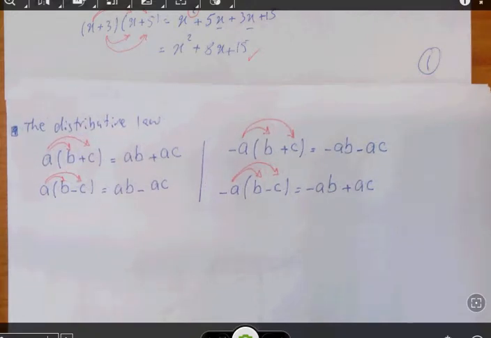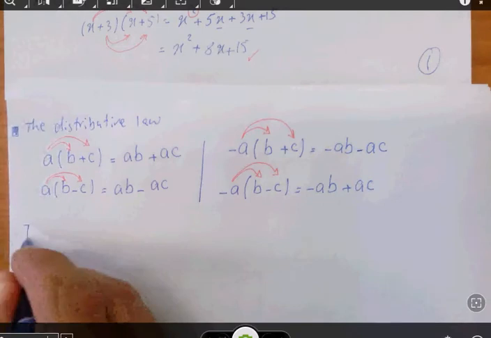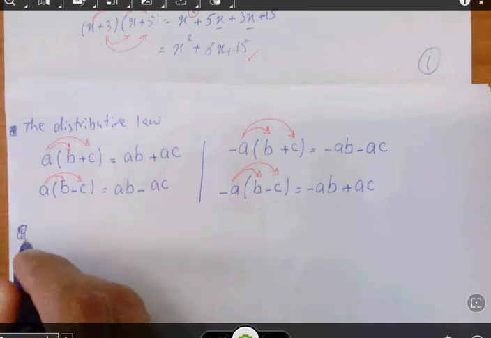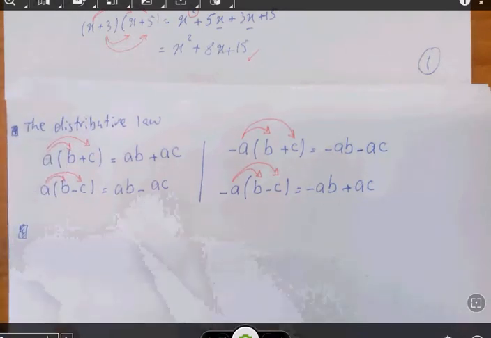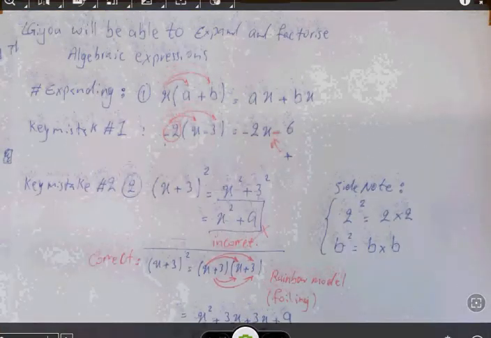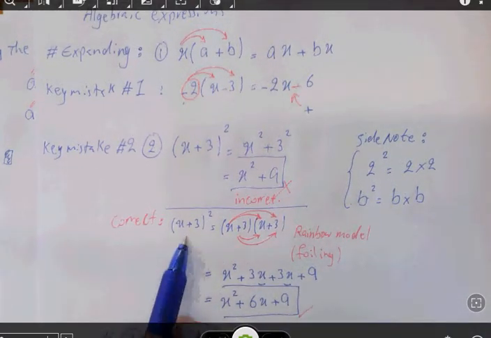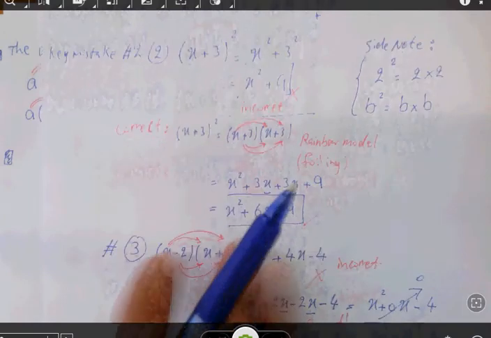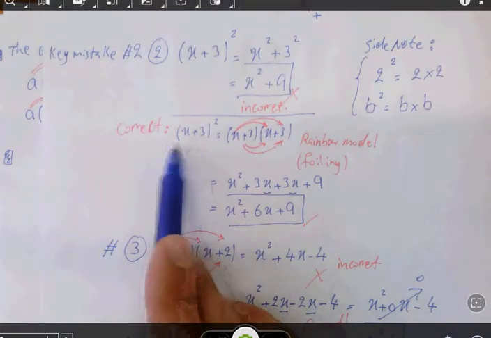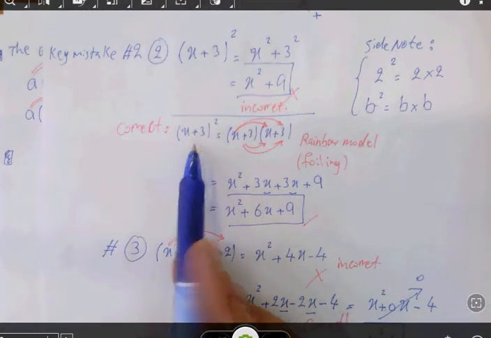Okay. Let's go down here, and I'm going to look at what we did in our other example, and I'll show you which one I'm talking about. We did this example right here, which we call a perfect square, and I'm going to write it down.